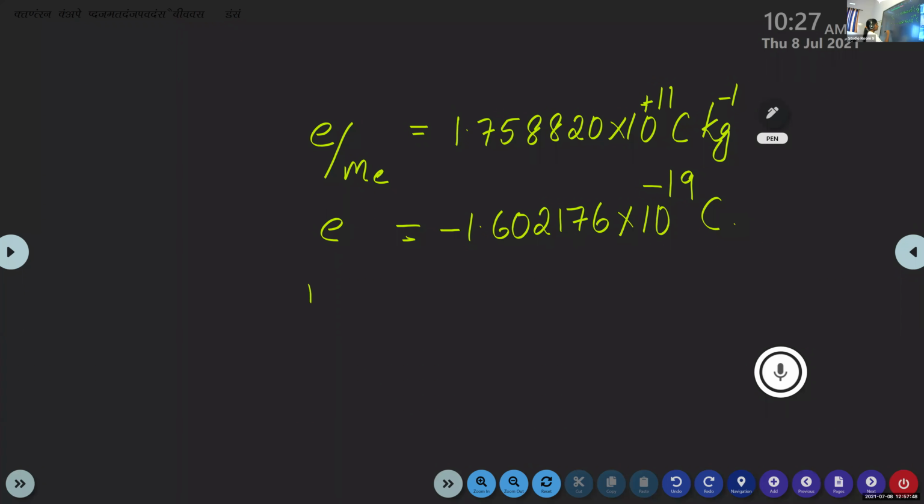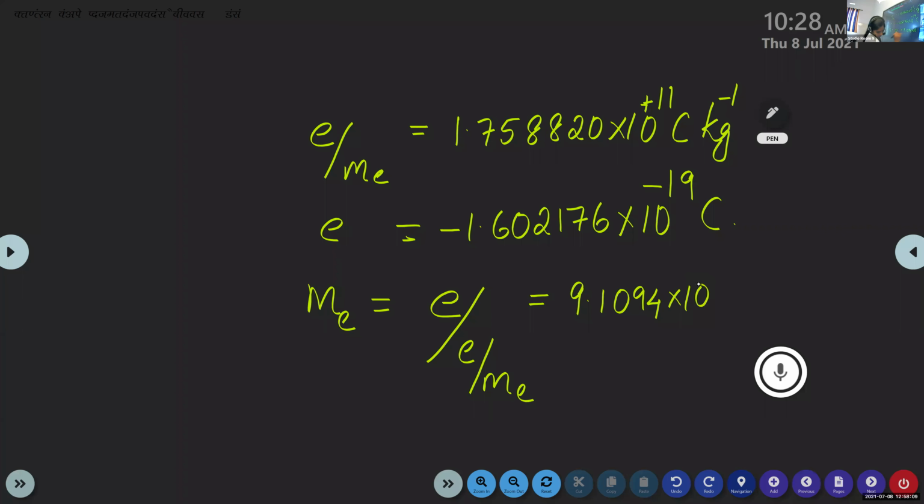We are going to find the mass of an electron, m_e, by substituting these two values: the charge divided by e by m_e. Finally, we got the answer: 9.1094 into 10 raised to minus 31 kilogram.